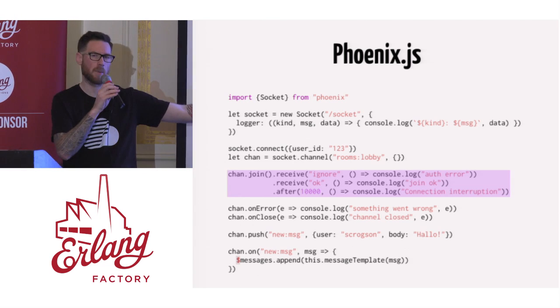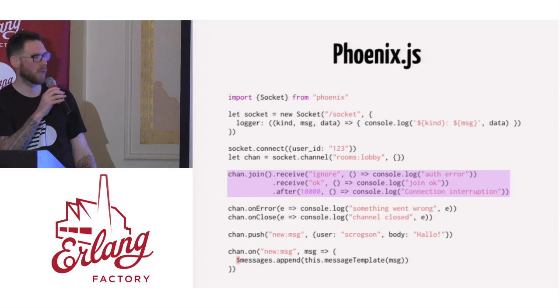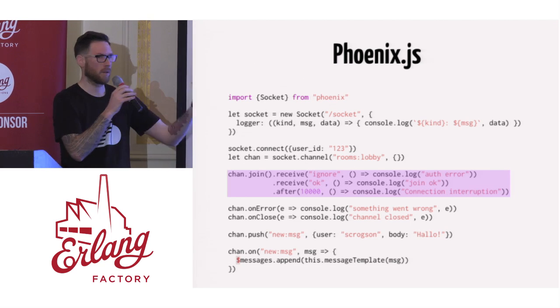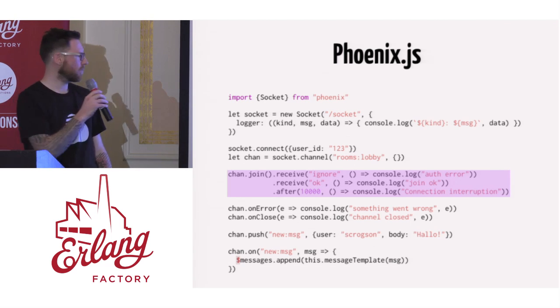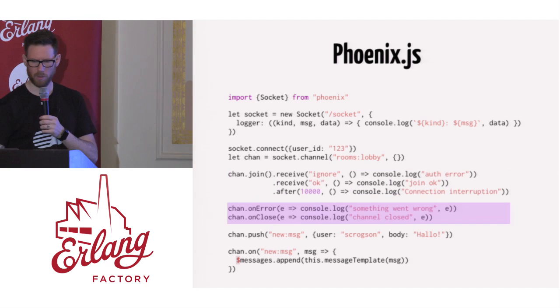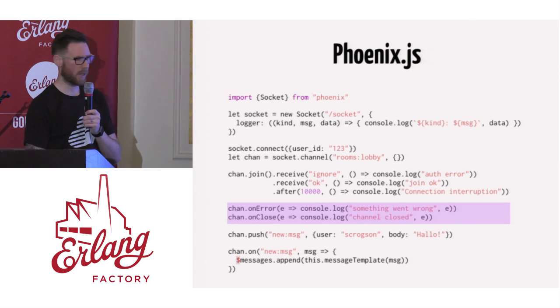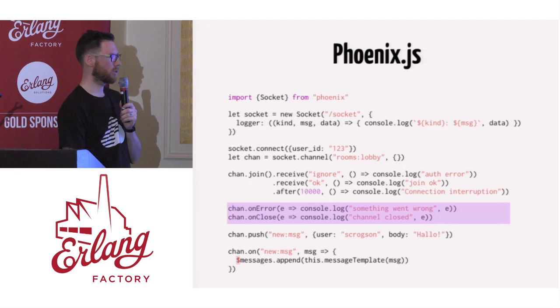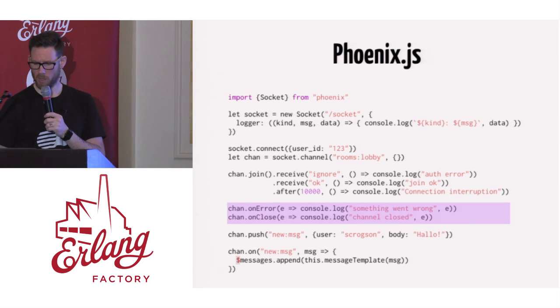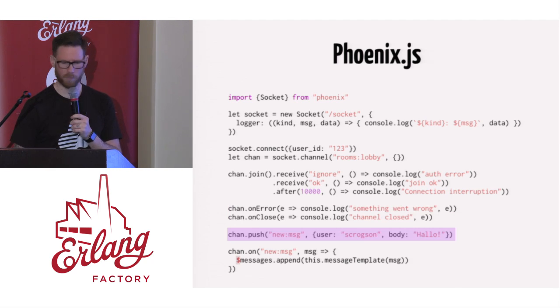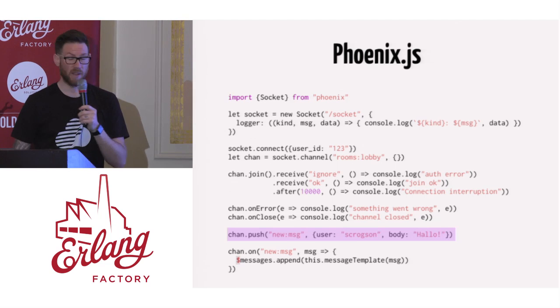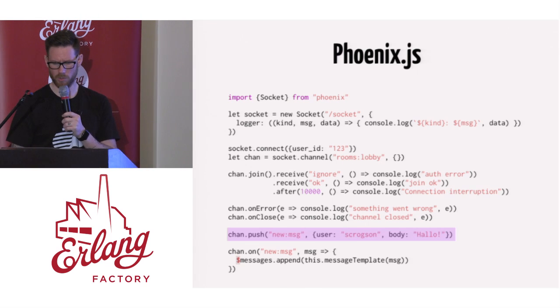It also has a timeout option, so after 10,000 milliseconds, your connection's been interrupted. You could set up other handlers for errors and for when the channel closes. You can respond to events like that, and then you can push events to the server.